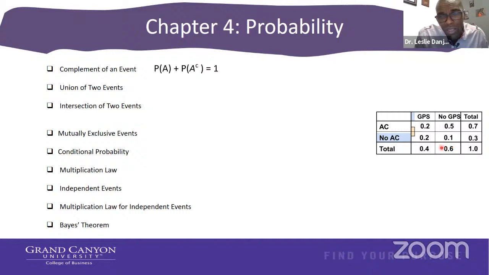It is all of no GPS down here. Once you have that probability, the complement of that probability must add up to 1. So the complement of this one will be this one right here. Do you see how these two add up to 1? So that is what this formula is saying right here.